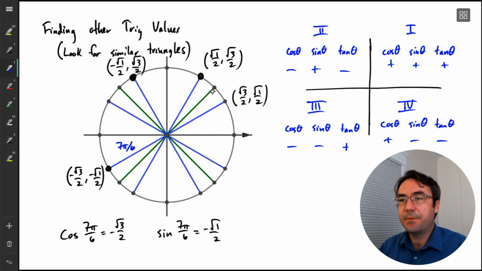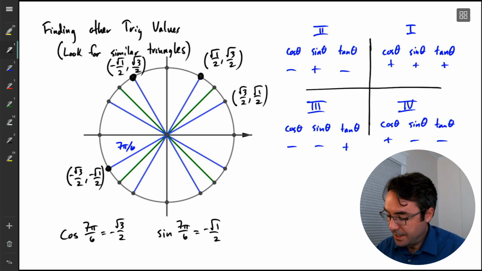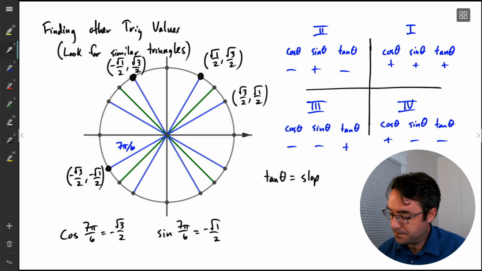All right, so if we think about these lines that are going through the origin here, really what tangent is measuring is the slope of these lines. So tangent theta is equal to the slope.